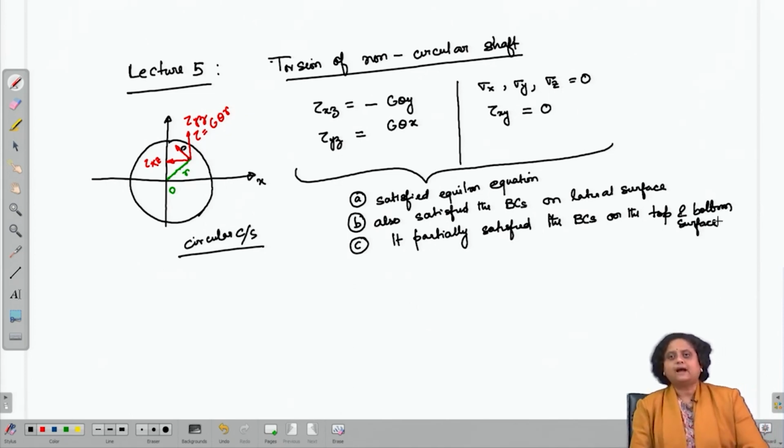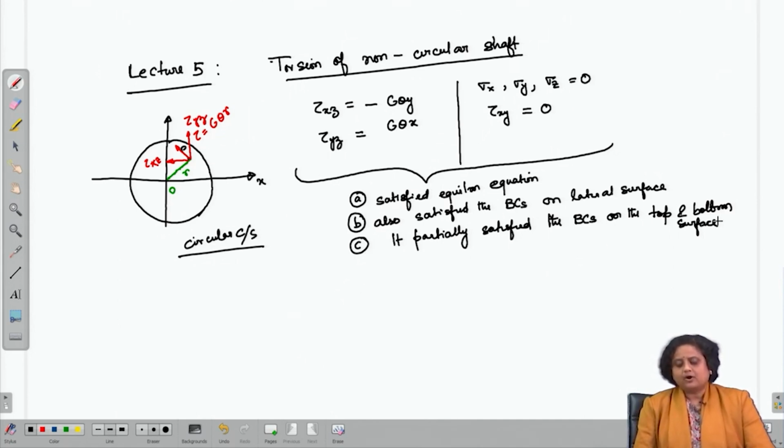So, though it did not ideally satisfy the force free condition at the top and bottom surfaces, it satisfied those conditions to a good approximation, for a practically applicable cross section. Therefore, this state of stress is a true equilibrium solution of a shaft of circular cross section under pure torsion.